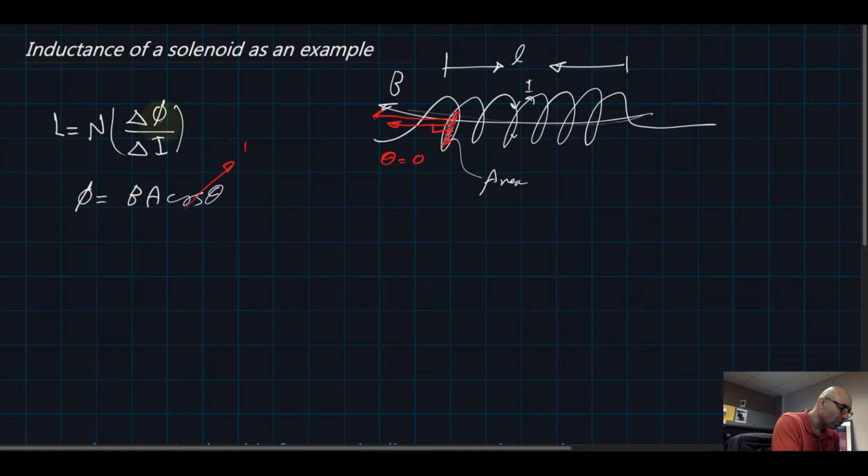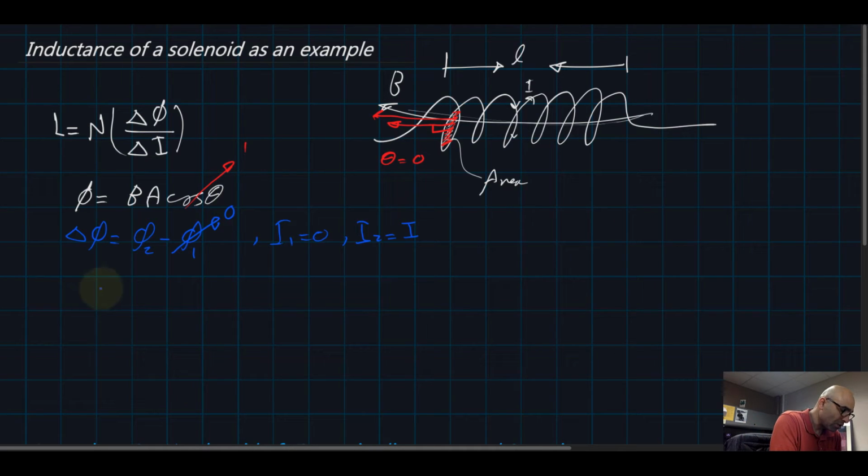So we have delta phi equal to phi 2 minus phi 1. We're going to assume, as we said, the current I1 is equal to 0, and I2 is simply I. When I1 is equal to 0, the flux phi1 is also equal to 0 because there is no magnetic field.